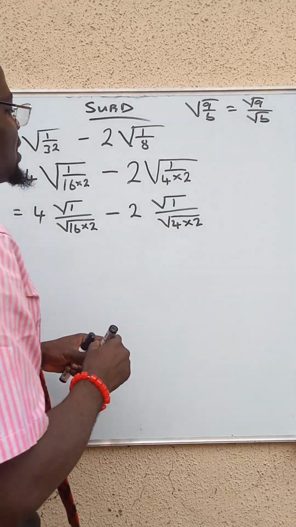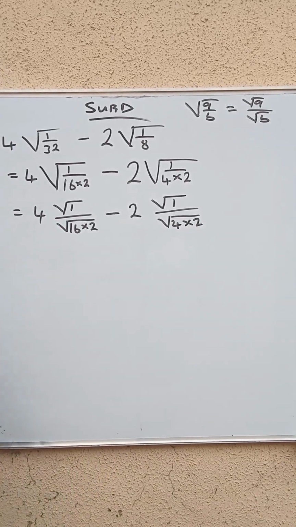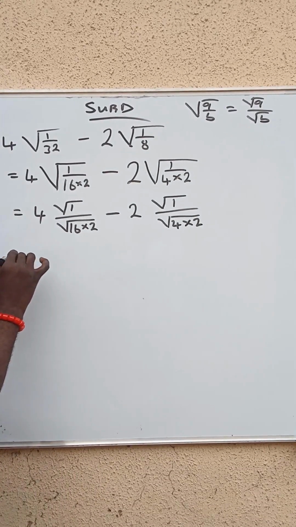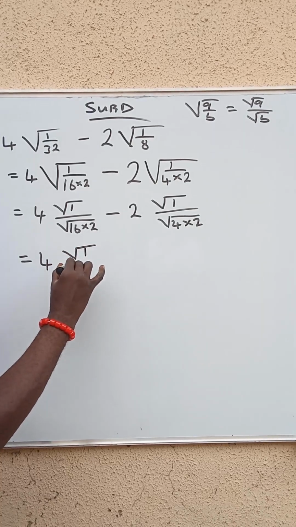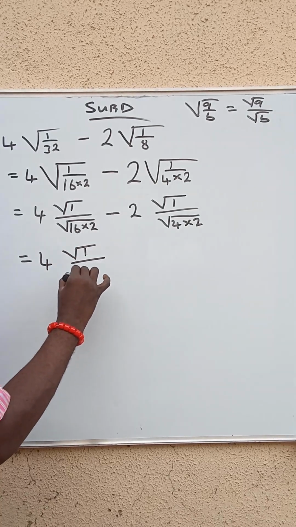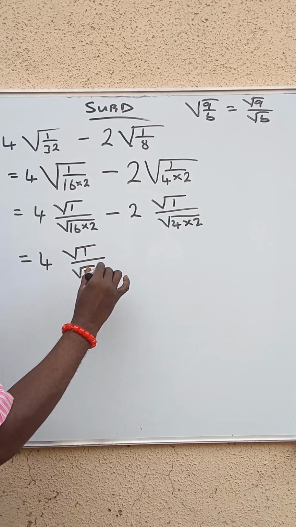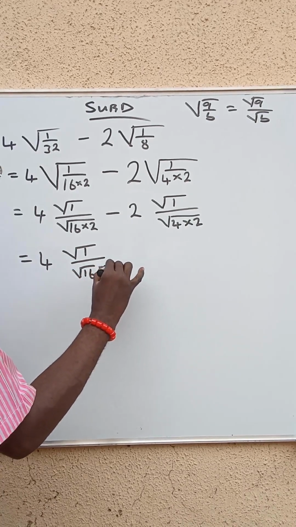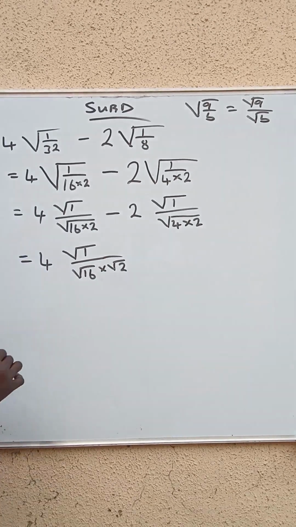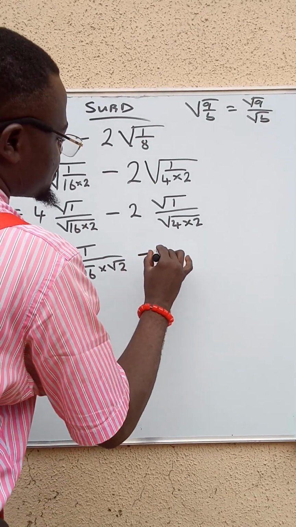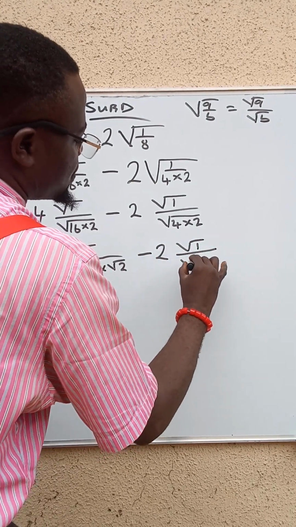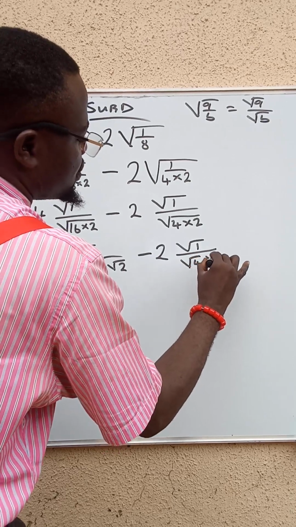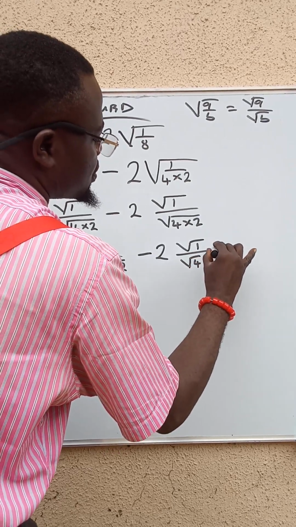Good. So having done this, I can say that this is the same thing as 4 root 1 over root 16 multiplied by root 2. Yes. Minus 2 root 1 over root 4 multiplied by root 2.